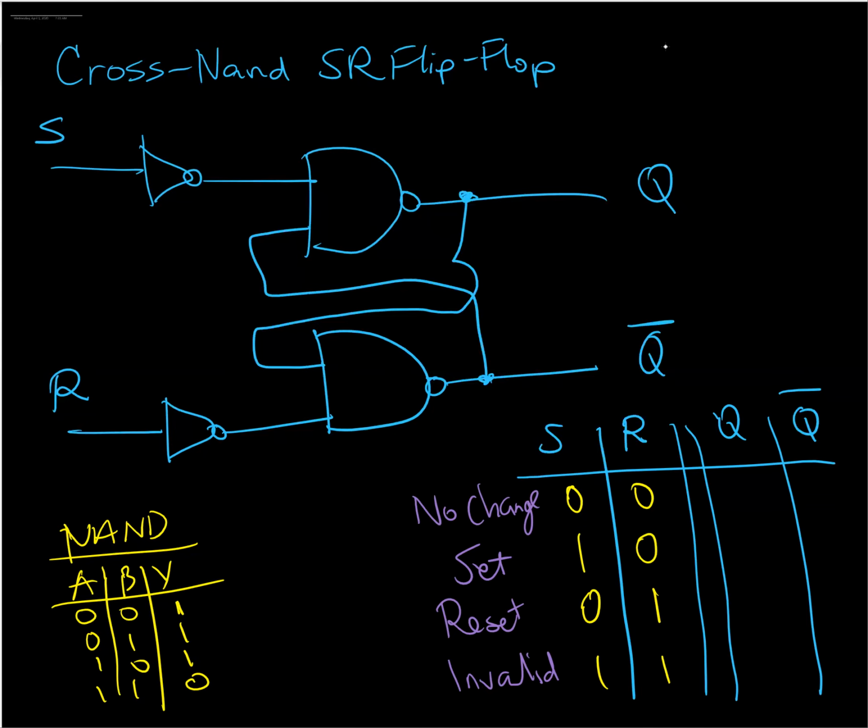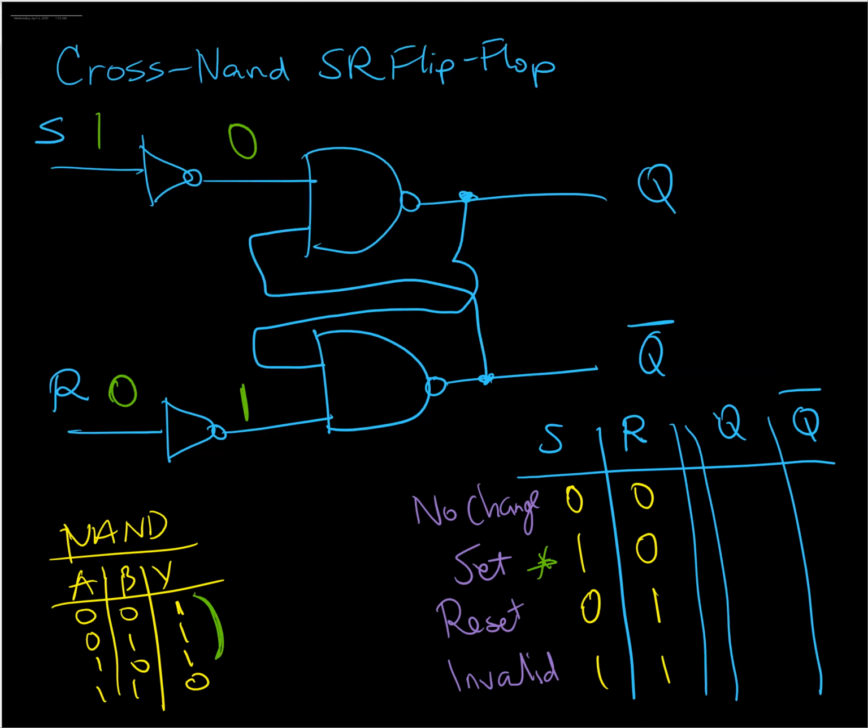Let's look at the set state first, just like we did last time. So I'm looking at this set of inputs here. I'm going to have 1 and 0 for S and R. On the other side of the inverters, that's going to be 0 and 1. Now, notice with our NAND gate behavior, anytime an input is 0, the output is 1.